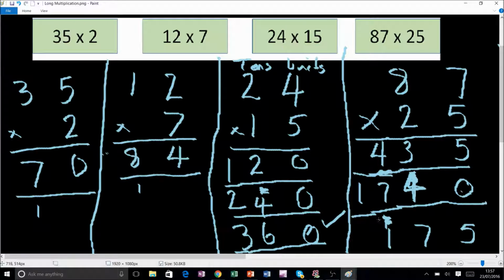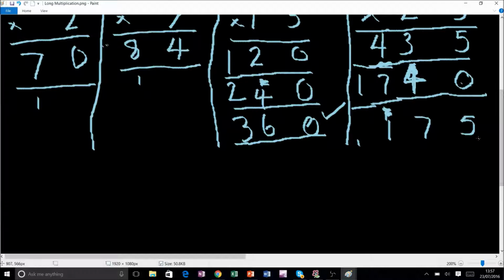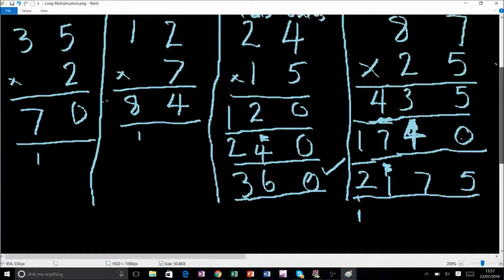So put 1 there, and we carry over a 1. Then we've got 1 plus 1 down here gives us 2. So we've got 2,175.